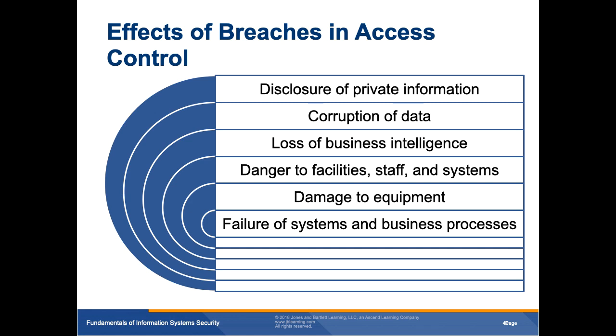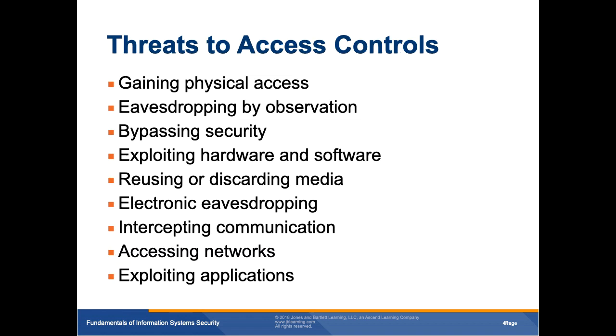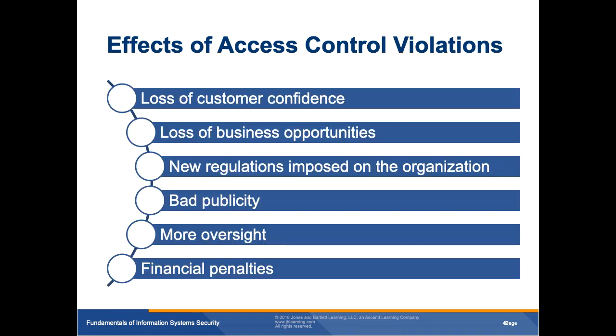There could be danger to the facility staff and systems, damage to our equipment, failure of systems and business processes, right? These are certain threats or examples of threats that can happen, right? So gaining physical access, exploiting hardware, software, electronic eavesdropping, intercepting communications, getting access to our networks, or exploiting our applications. These are all threats to our access controls.